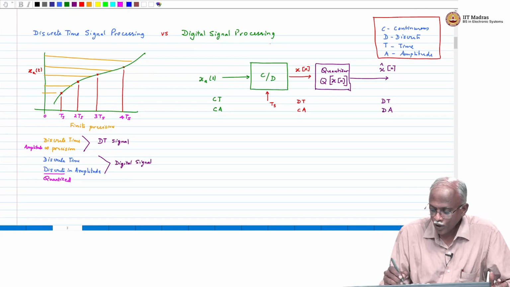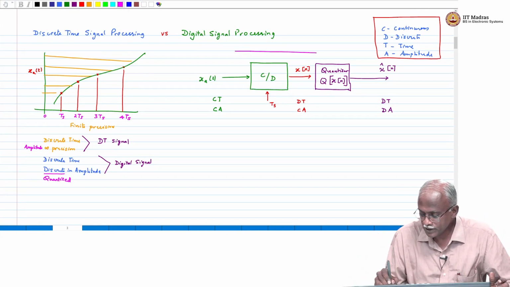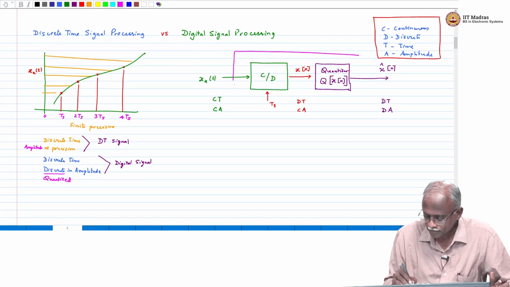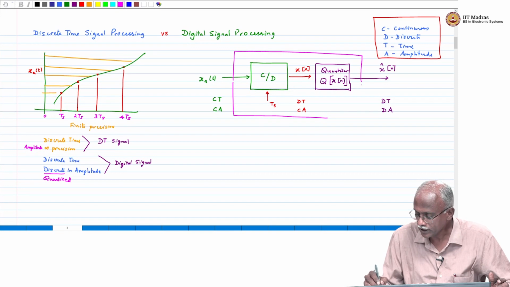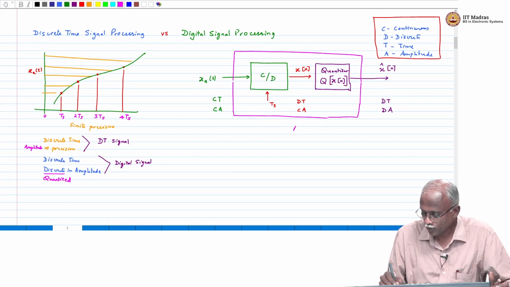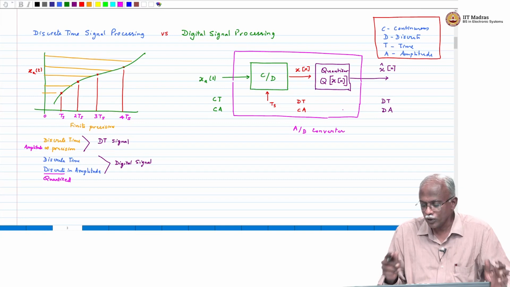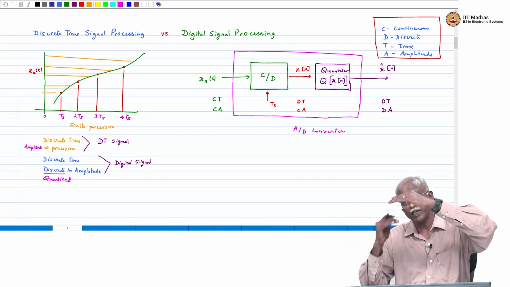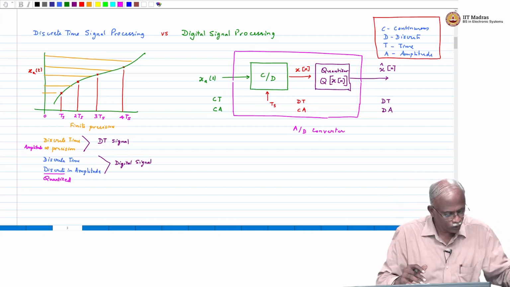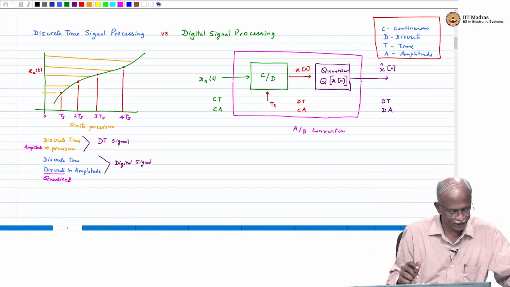If I were to draw a box around these two together, the C to D and the quantizer, this is what will be an A to D converter. An A to D converter not only converts a continuous time signal to a discrete time signal, but it also quantizes it to a certain number of bits.